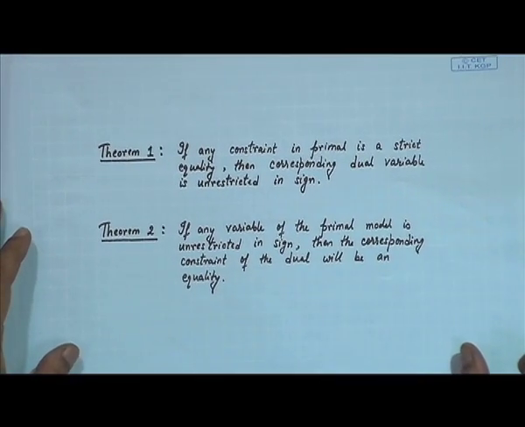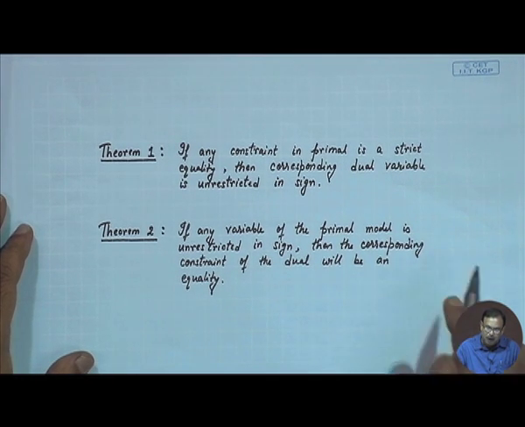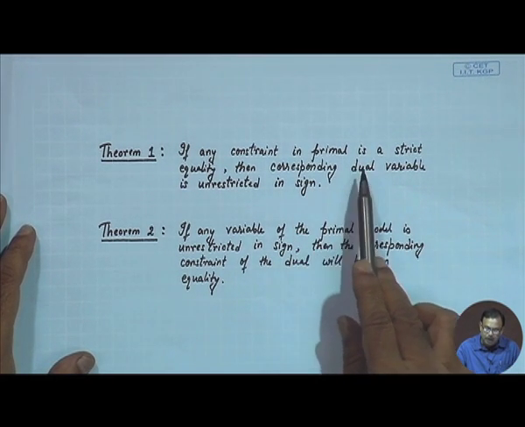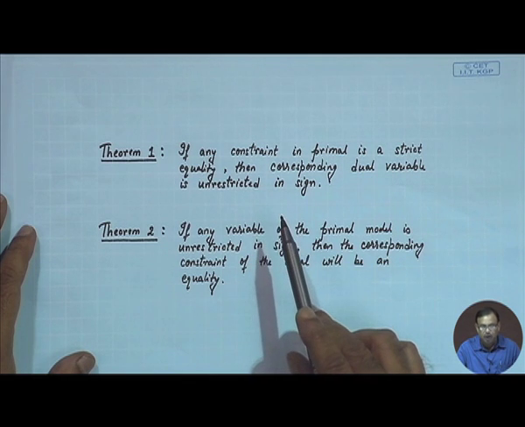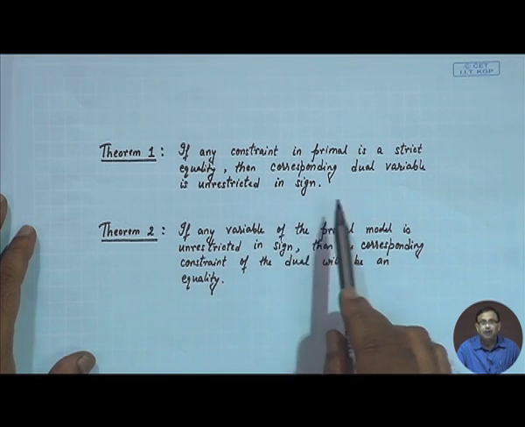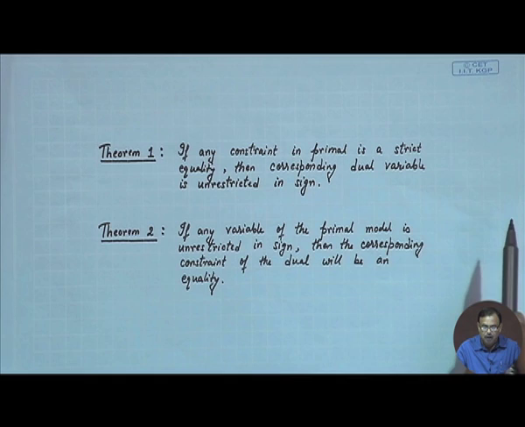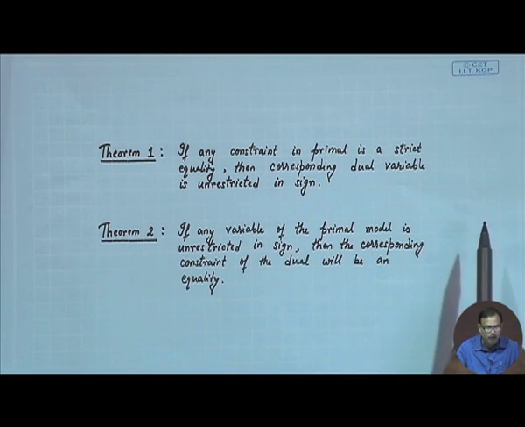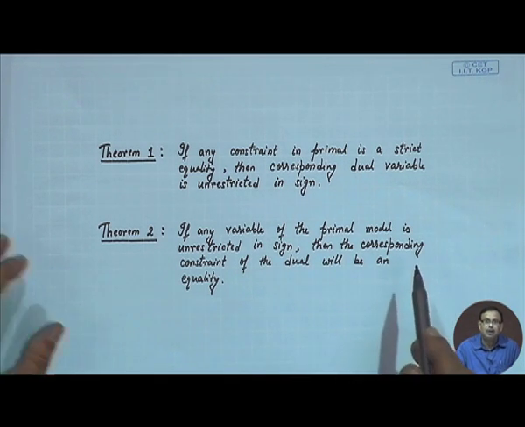Now, see two theorems. If any constraint in the primal is a strict equality, then the corresponding dual variable is unrestricted in sign.